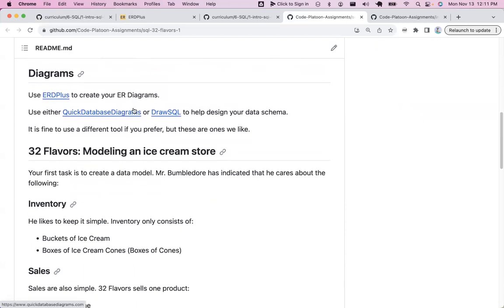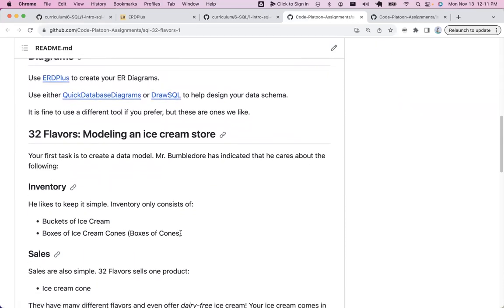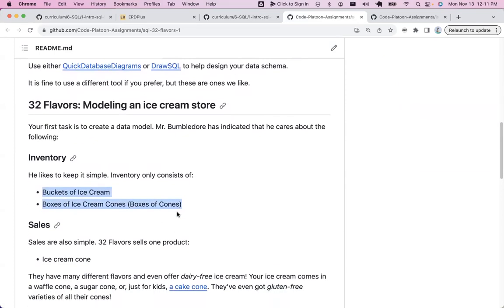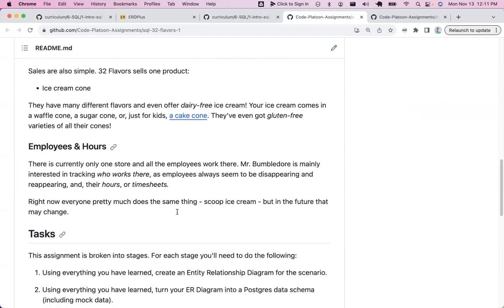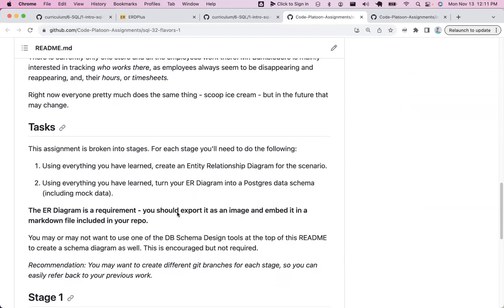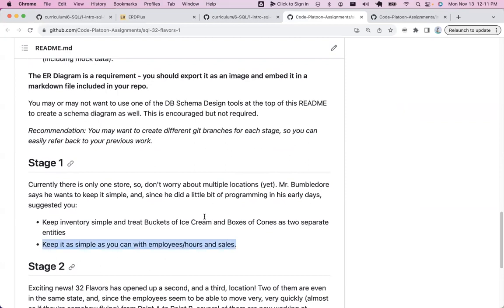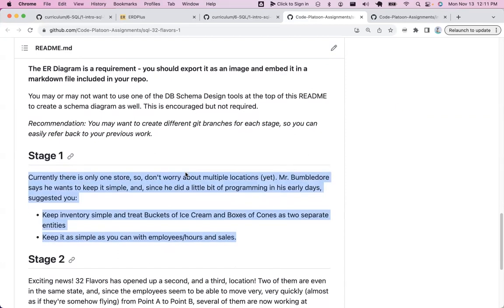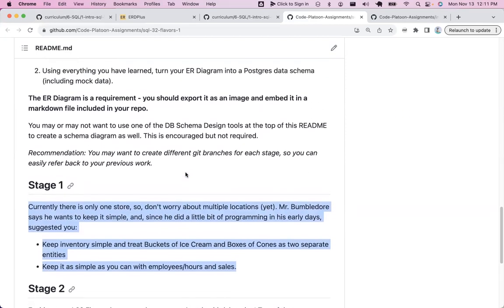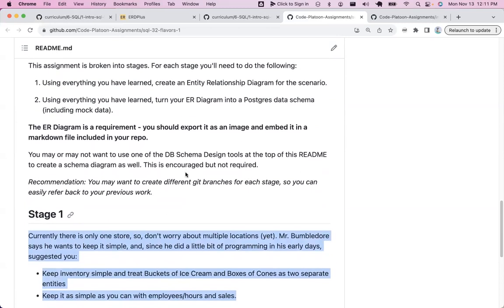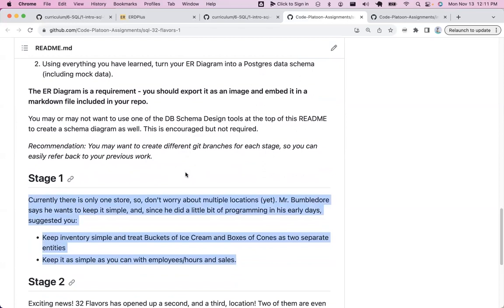And I've kind of broken this into stages and given you some advice in terms of keeping it simple. So there's a couple steps here, but essentially you need to build a simple entity relationship diagram for the inventory of buckets of ice cream and boxes of ice cream cones, and a little bit about sales and a little bit about employees.